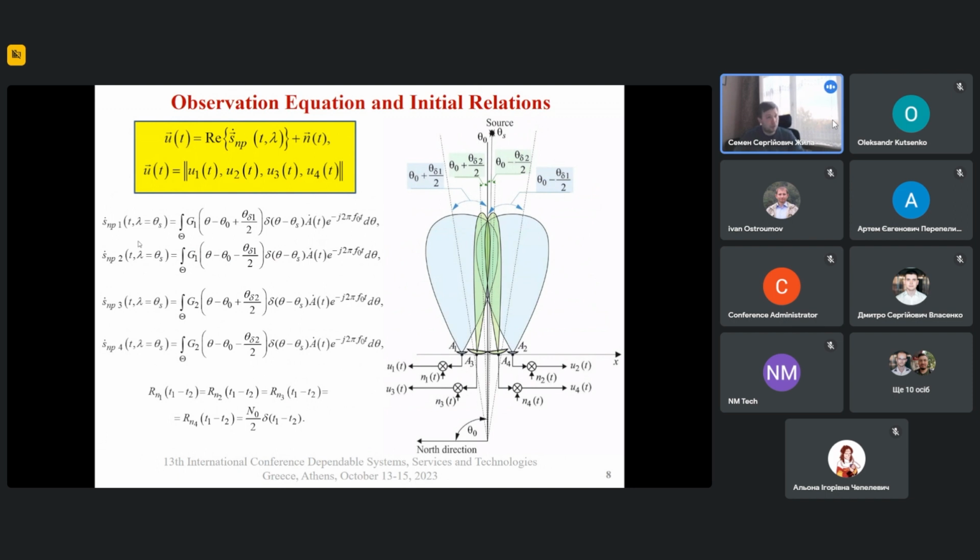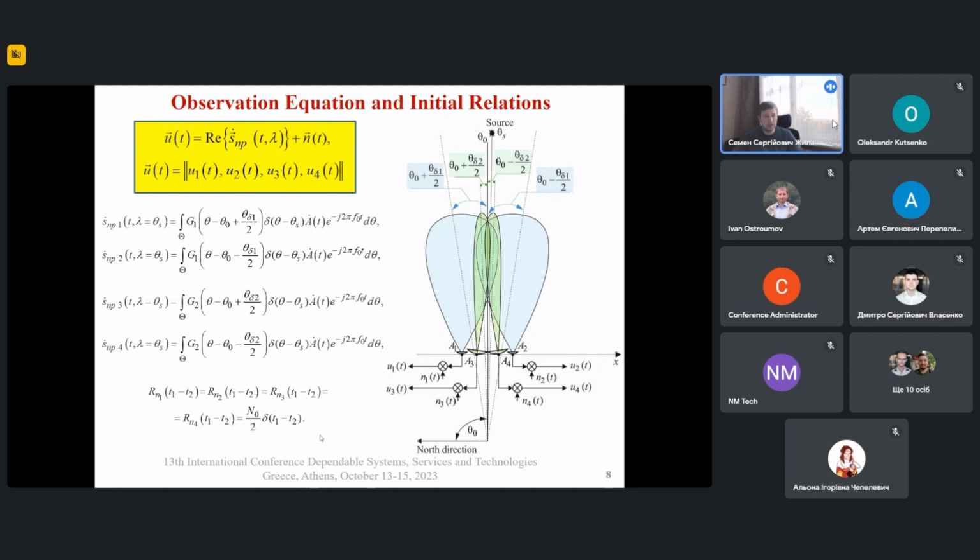We have 4 signals that we can observe against the internal noise of the receivers. In this case, we also know the complex envelope of the signal. We know the frequency of the transmitted signal, for example, from a beacon or some other station, and we know that the correlation function of this internal noise is a delta function.